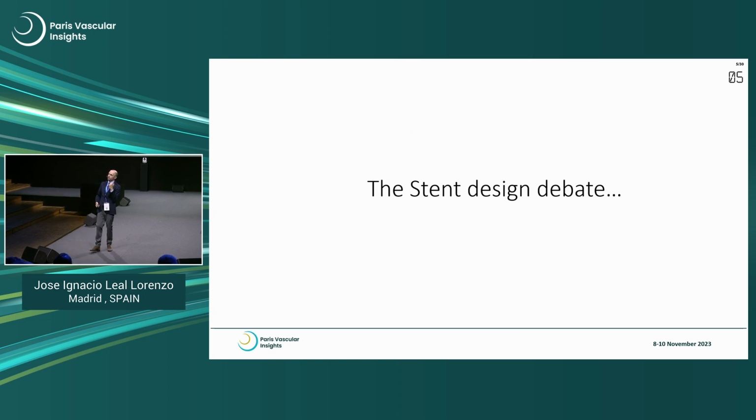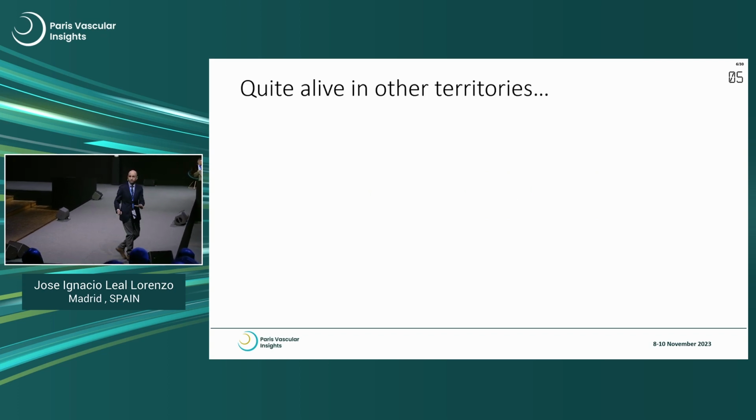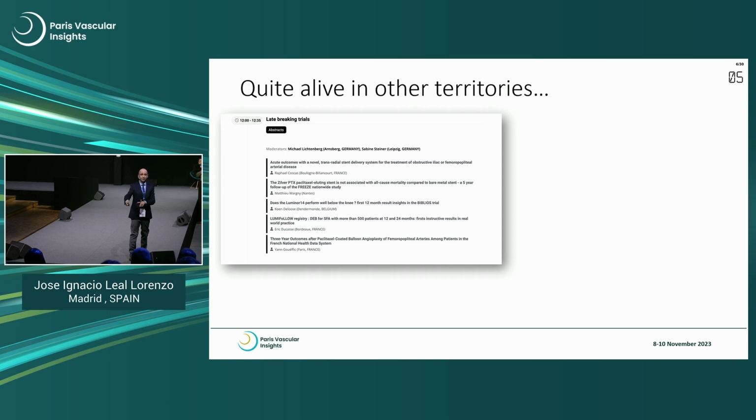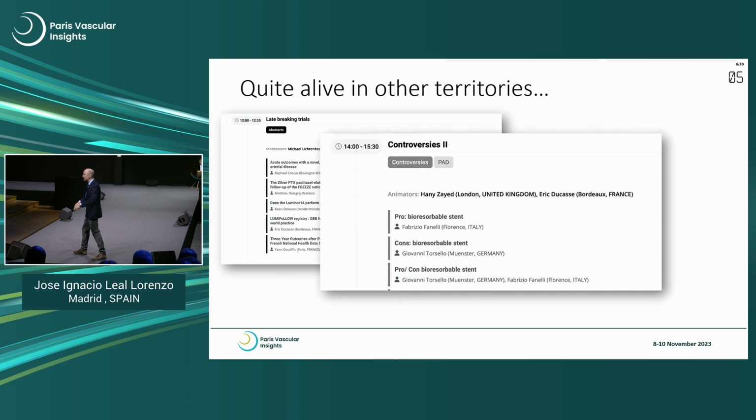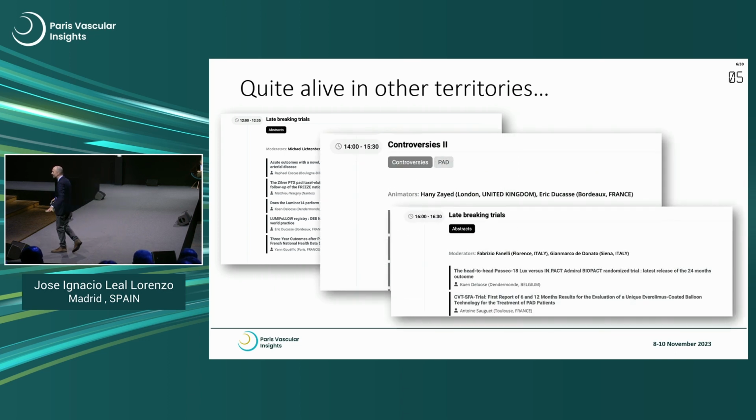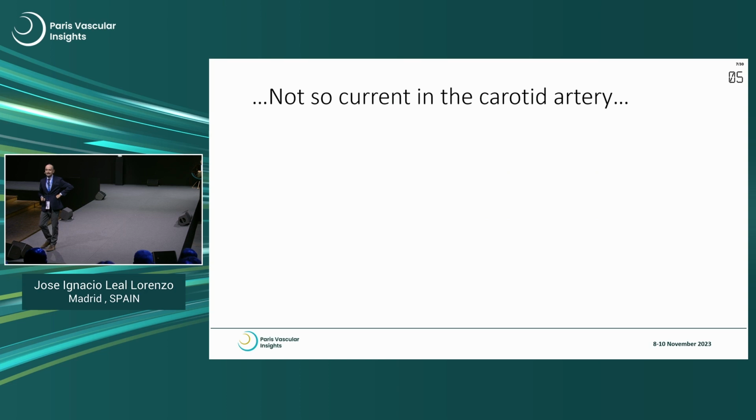So this is another debate, the stent design one. And it's quite alive in other territories. For example, these are captures of the program of this great meeting, and you have this debate in the SFA, below the knee, everywhere. But it's not so vibrant in the carotid territory.